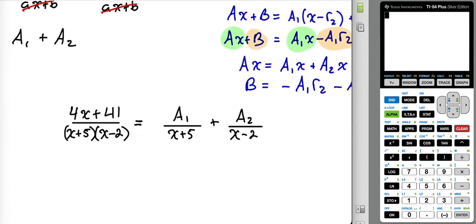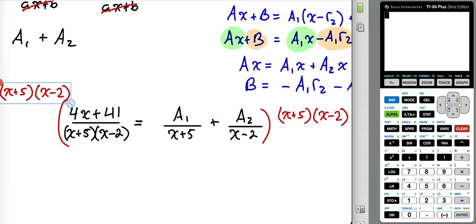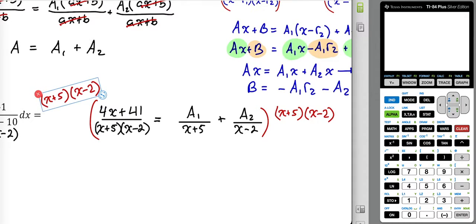So then what we do, just like we did above, is we multiply everything by x plus 5 times x minus 2. On the left-hand side, you get a clean cancellation so that it's just 4x plus 41.